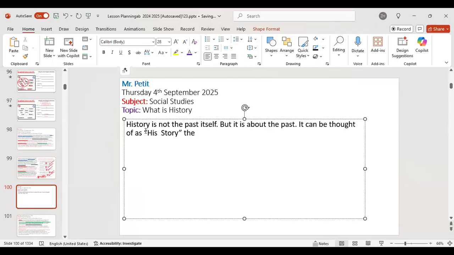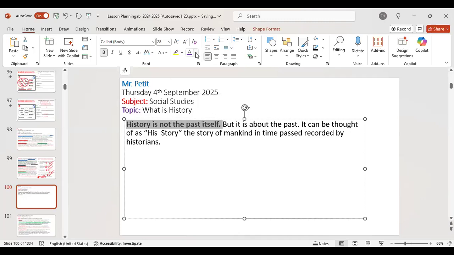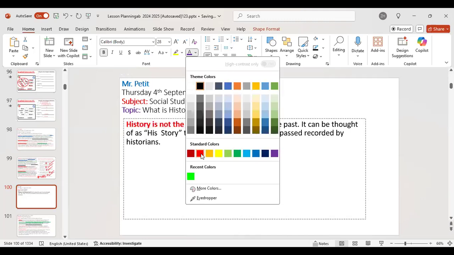So his story: the story of mankind in time past, recorded by historians. That's a very important key factor, because history is not the past itself. Why can't we say history is the past itself?